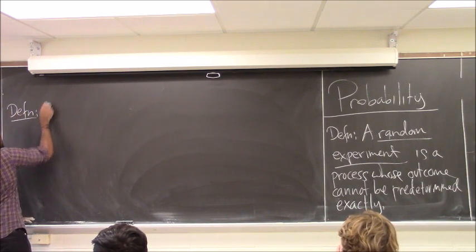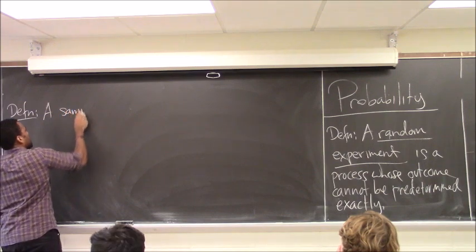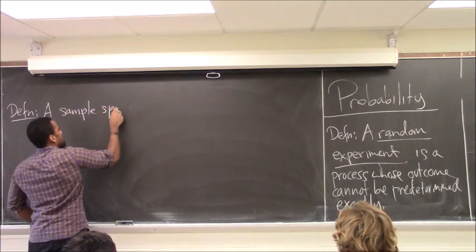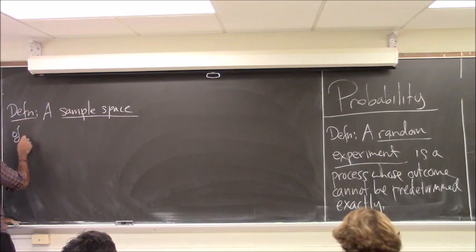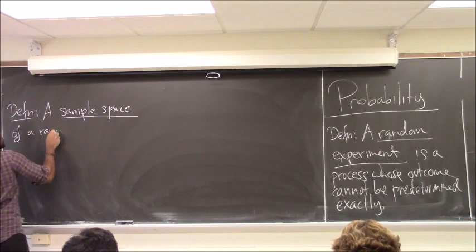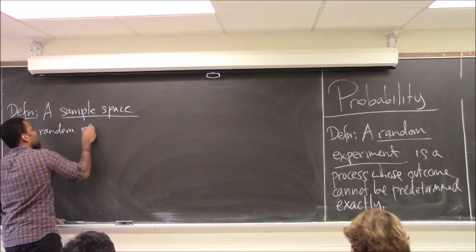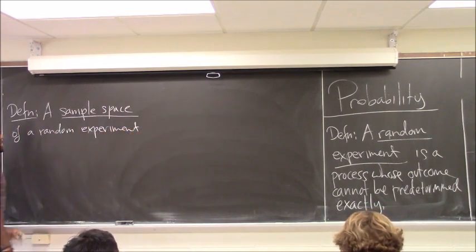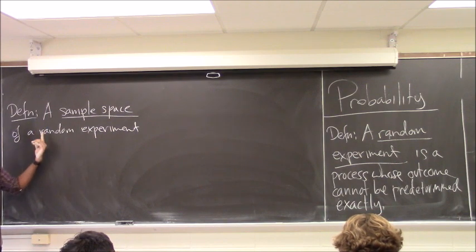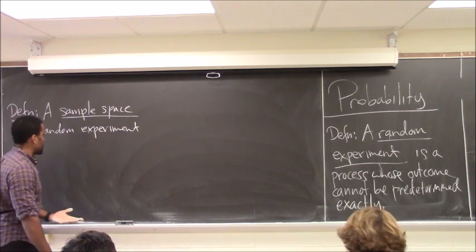There's something that we call a sample space. I do say a sample space because it's not unique. There are multiple ways to conceive of a sample space of a random experiment.